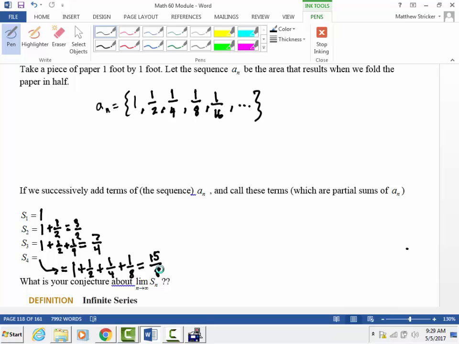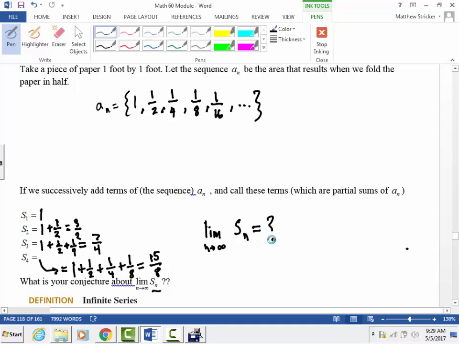Okay? So in other words, what we're talking about is the limit as n approaches infinity of S of n. What is that equal to?